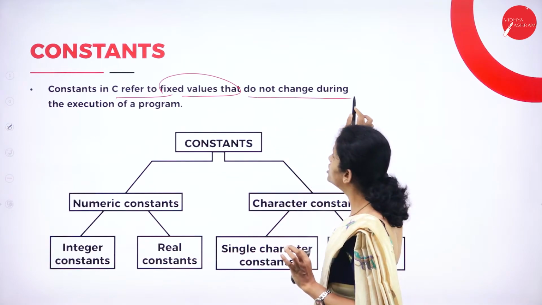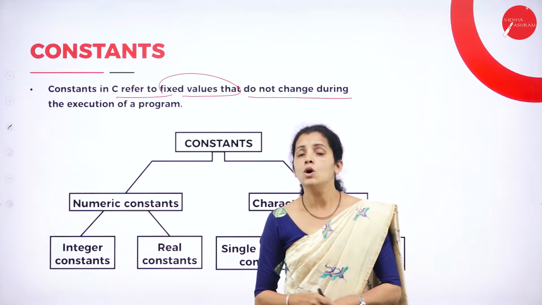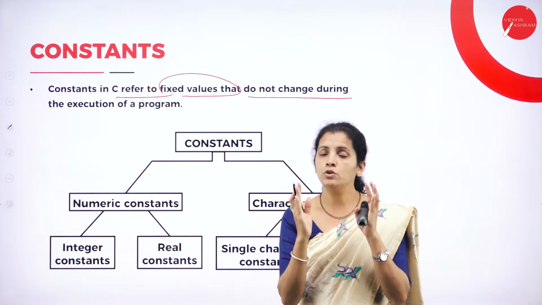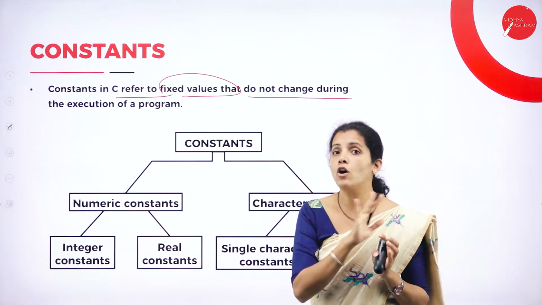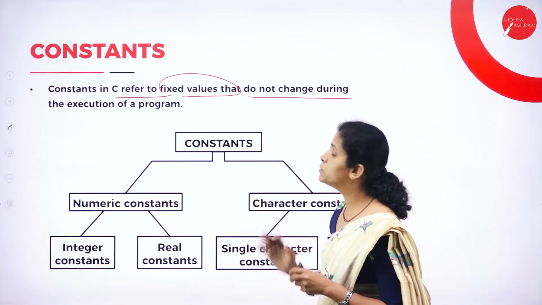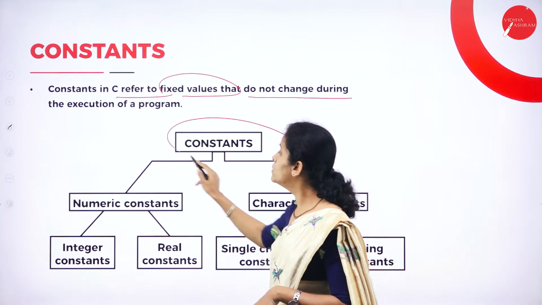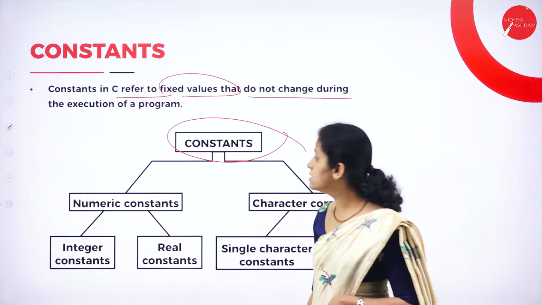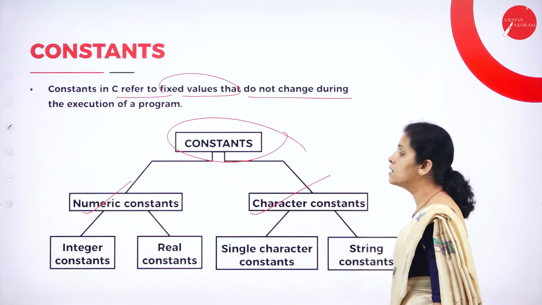And that does not change during the execution of the program. So whatever value I make fixed cannot vary or change during the execution of the program. And I'm going to have two types of constants, that is numeric constant and character constant.